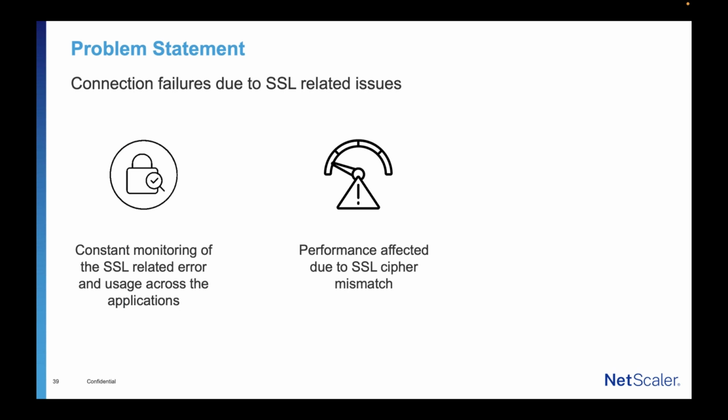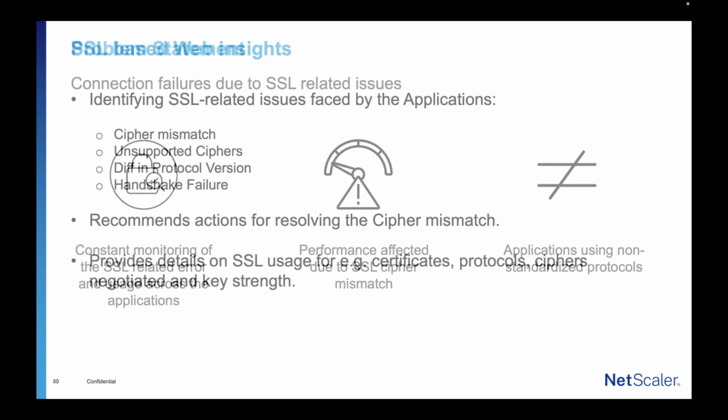Also, performance is affected if any cipher mismatch happens, because of which a handshake failure happens and your connectivity breaks down. As an enterprise, you would have some standardized protocols that you would like to use. Here you can get visibility with Web Insights on what protocols are being used, so that you can decide on the non-standardized protocols and their removal.